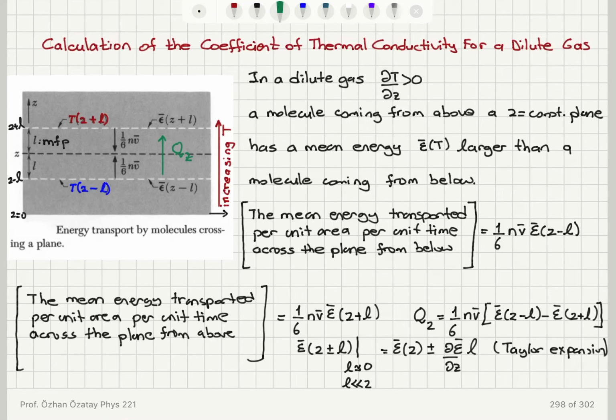And this epsilon bar z plus or minus L can be expanded using Taylor's series if we assume that this z equals constant plane is sufficiently above the bottom, where the mean free path is much less than z, which is usually the case.